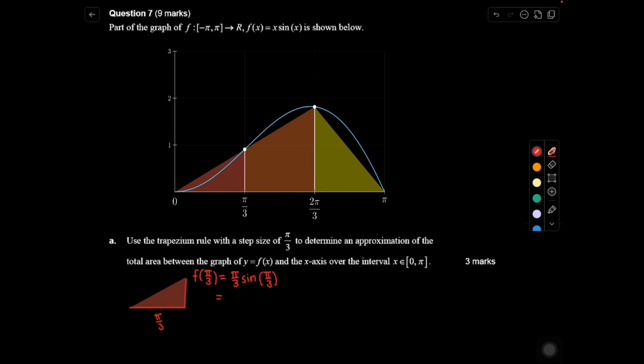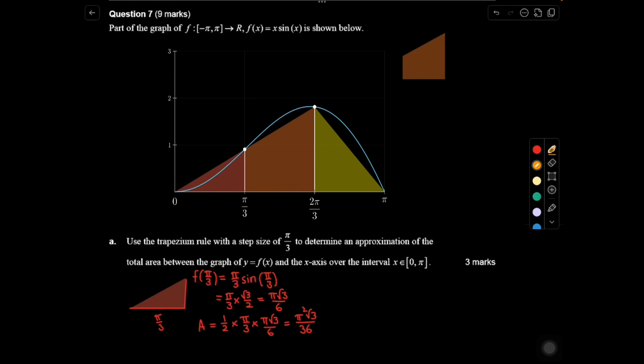And you need to know your exact values. So sine of pi on 3 is equal to root 3 over 2. And you can see how this simplifies to our answer over there. So now we know the height and the base. So to get the area of this triangle, we just do half base times height. And that gives us pi squared root 3 over 36.